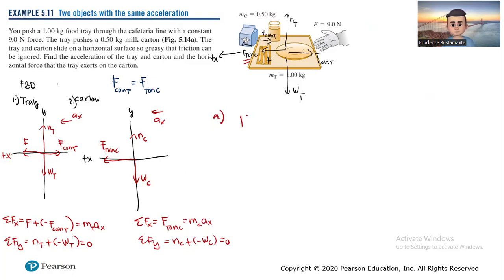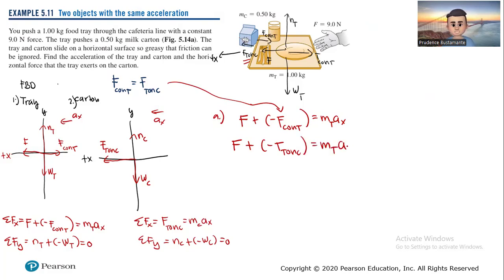We use Newton's third law to change this one, so it will become F plus the negative F of T on C is equal to M T times A X.